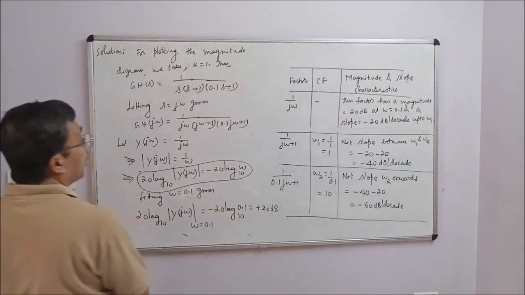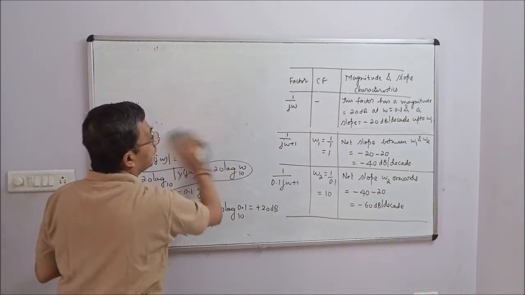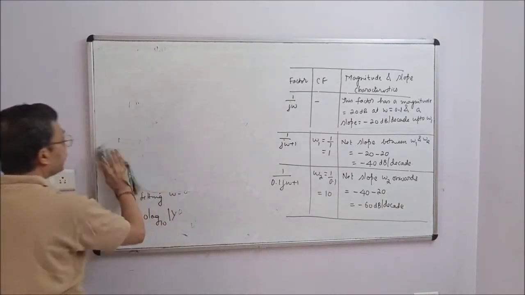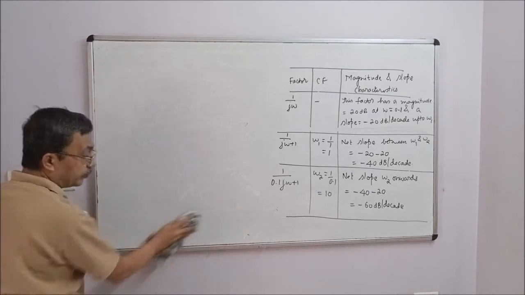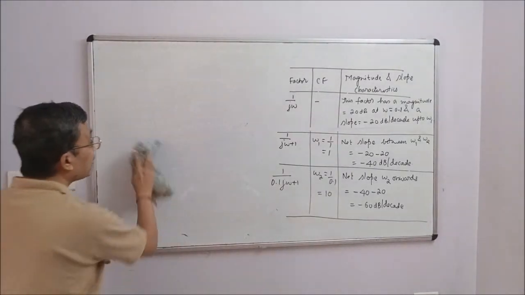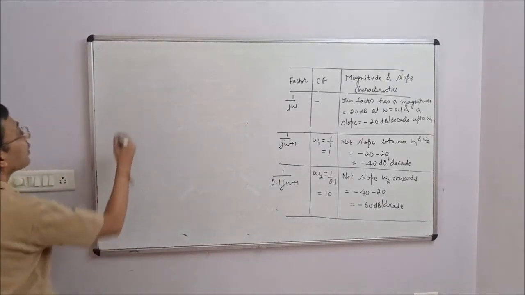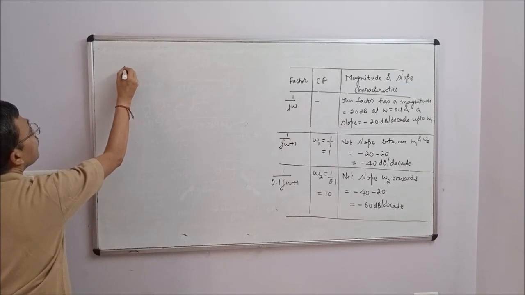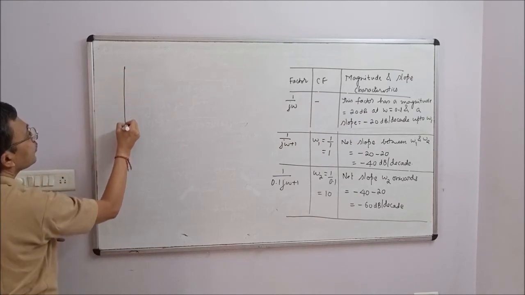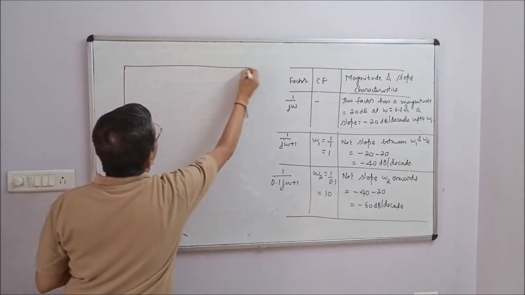Now I'll draw the rough Bode's magnitude diagram. Let us assume this is the semi-log sheet.